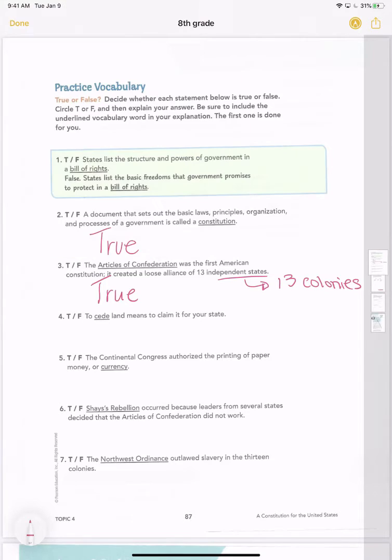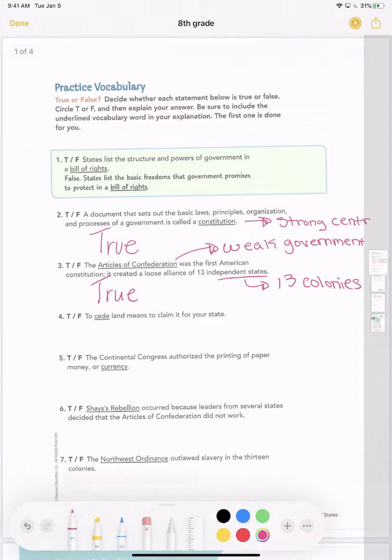We also know the Articles of Confederation was the first constitution, and that it signified a weak government. Remember that, while the U.S. Constitution represents a strong central government.